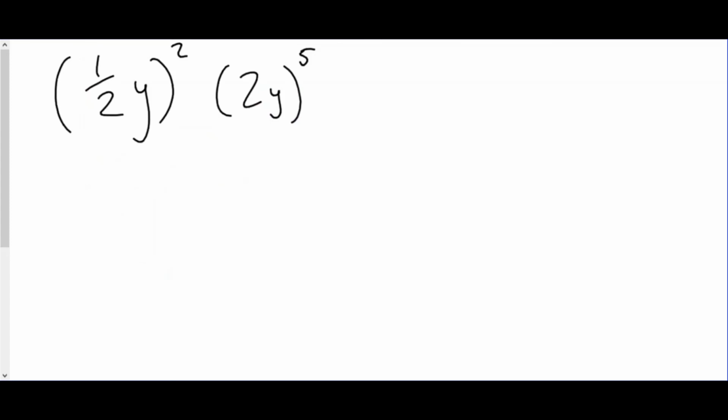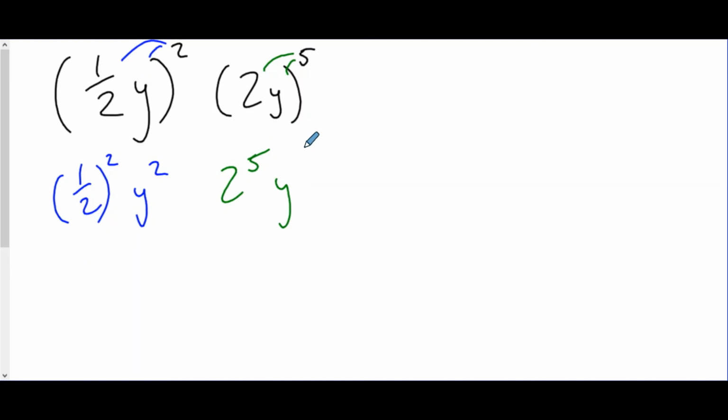And the last one here, 1/2 y all squared, and then 2y all to the 5th. All right, so everything in this set of parentheses is being squared. 1/2 squared, and then y squared, and then over here I have 2 to the 5th, y to the 5th.